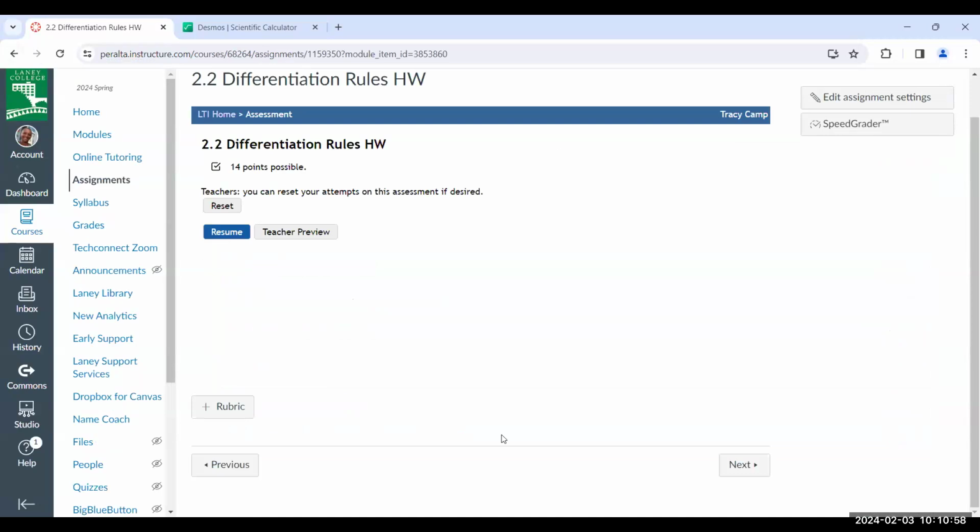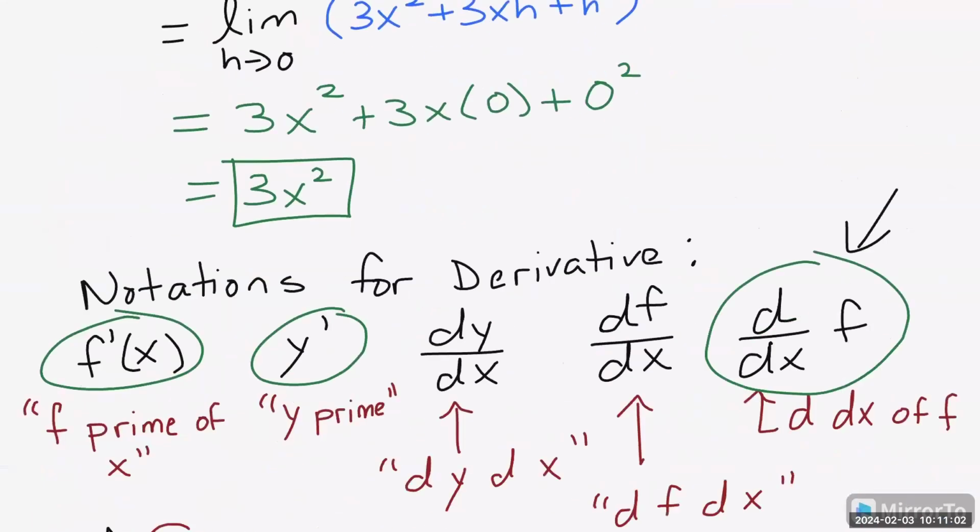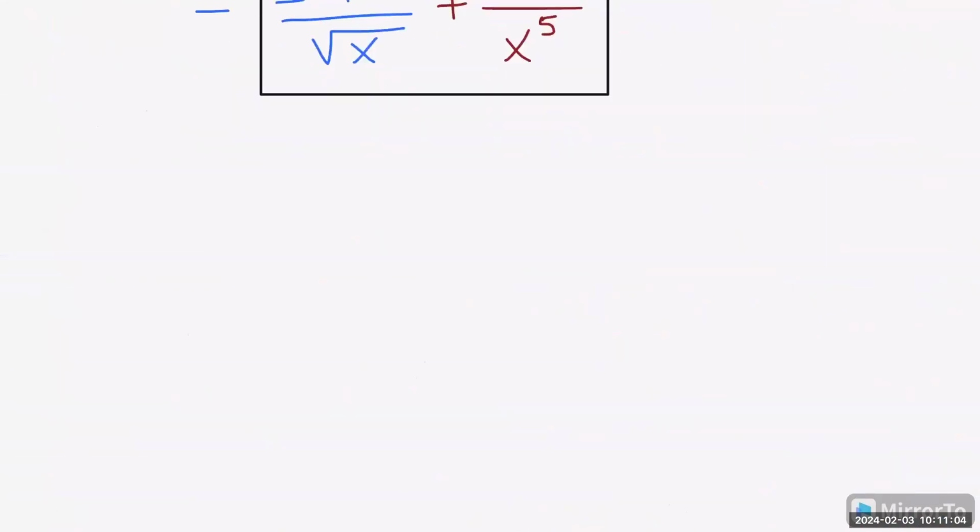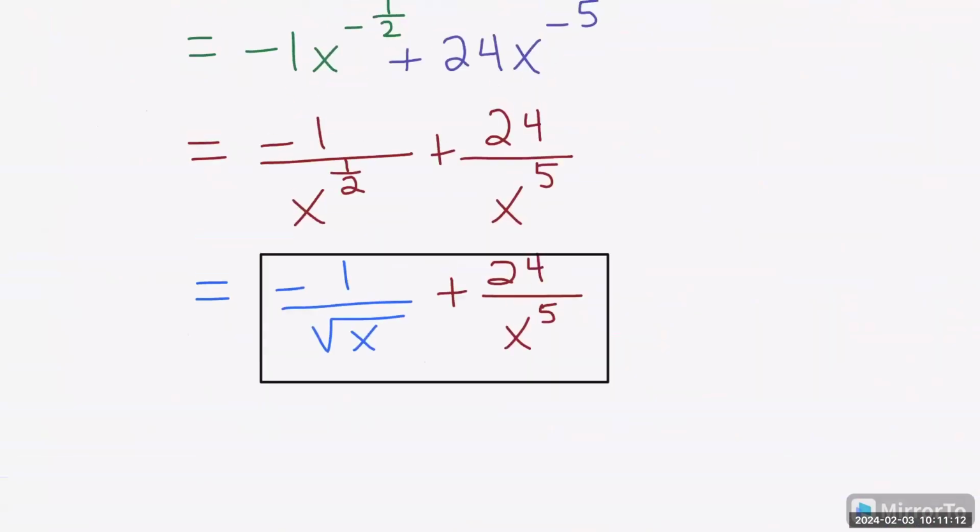But right now I'm going to write the rules for you, not the proofs. The proofs are very long. The proof for sine and cosine is very long, like an hour or something like that. E to the x isn't that bad, but I want to use this time for practice.